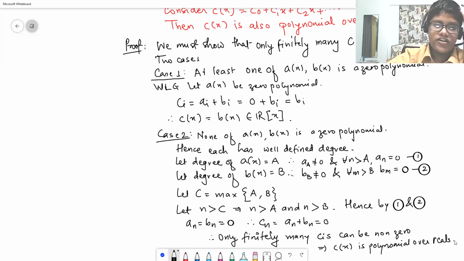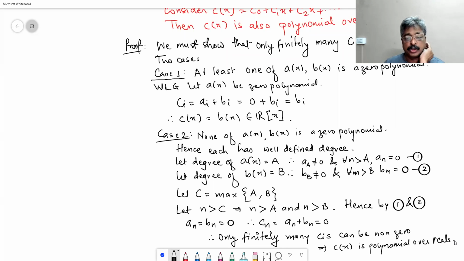That is Sir, how. I did not understand that from the fourth last step. Like let C be equal to max of a comma b. How did we come to the deduction that n should be greater than a and n should be greater than b? Yes. So example. Suppose degree of a of x is equal to 5.